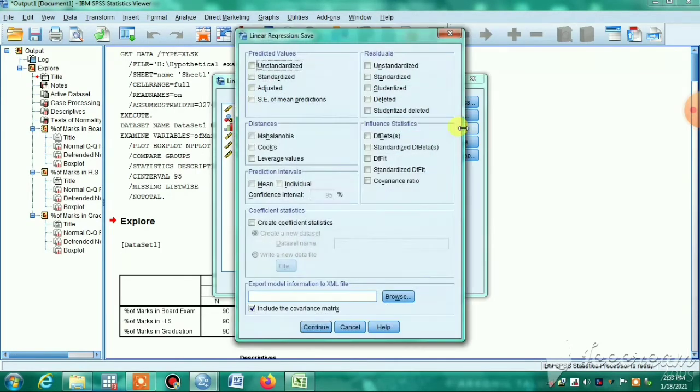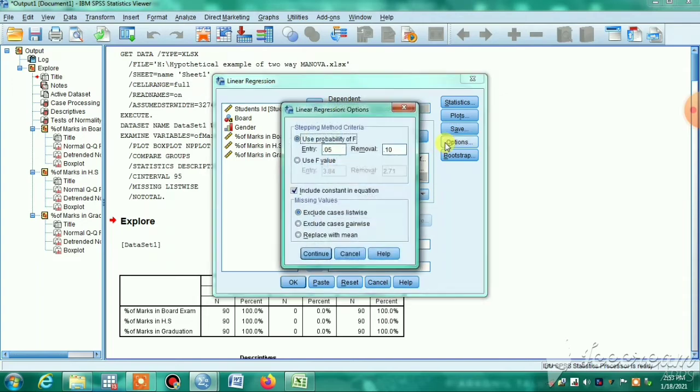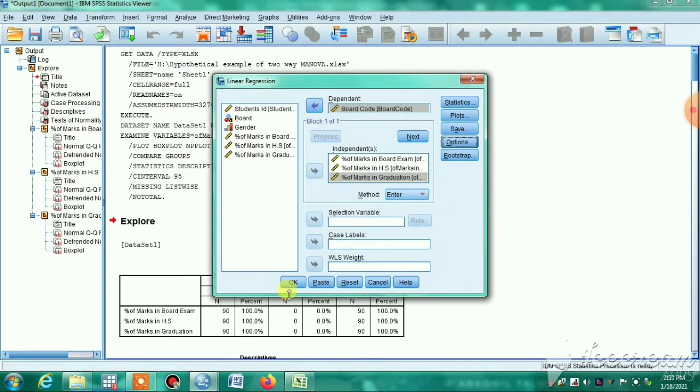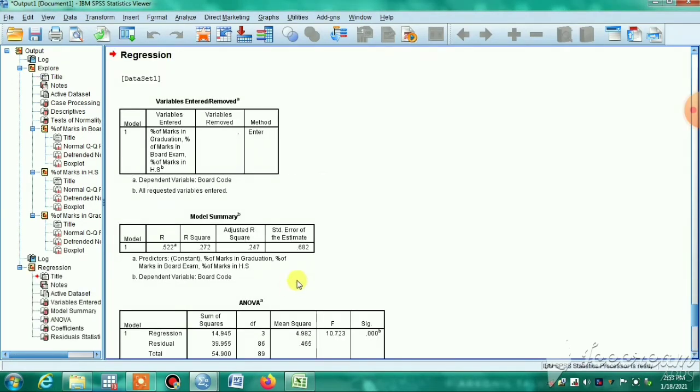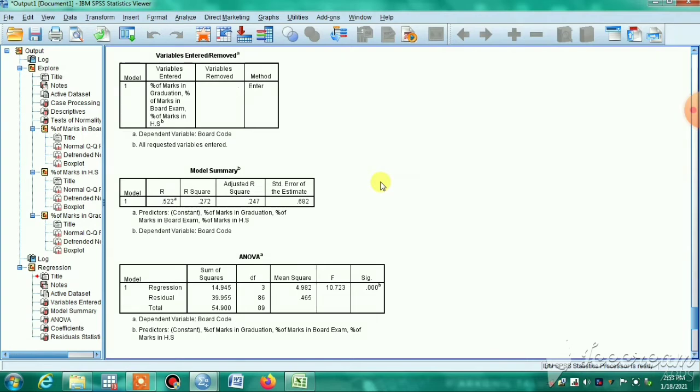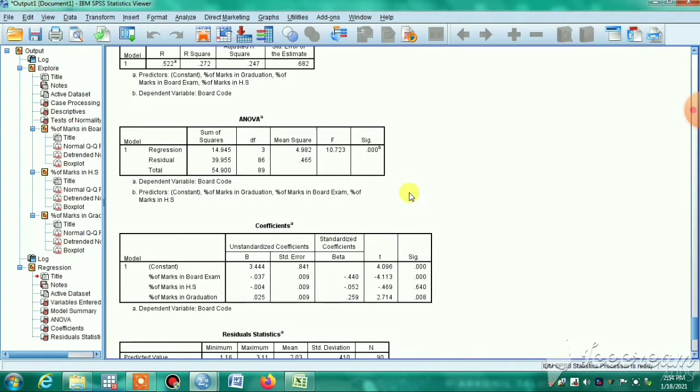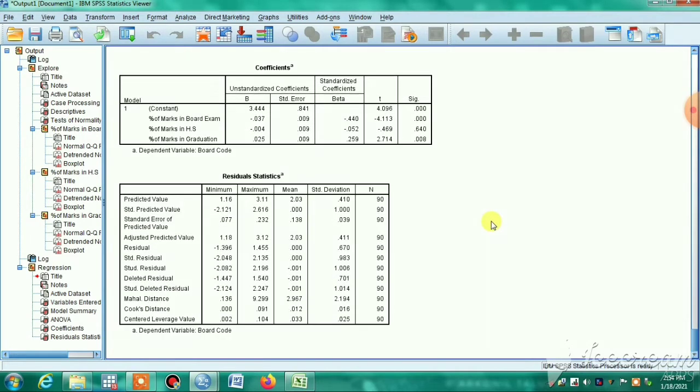In Save, we click Mahalanobis. Okay, continue, and in Options, okay, continue, click OK. Then we see the variables entered or removed, model summary, ANOVA, coefficients; we have to check the Mahalanobis distance.